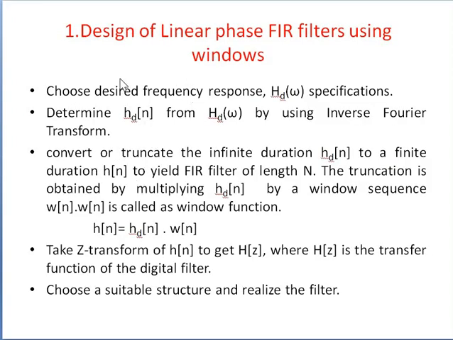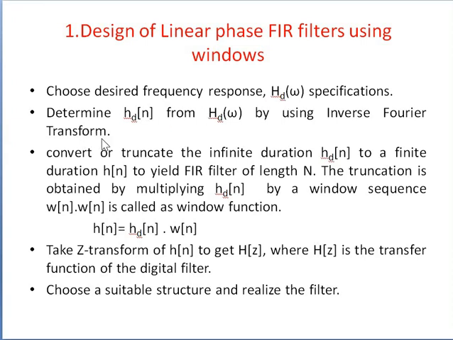So here are the design steps for a linear phase FIR filter using the window method. First step is choose the desired or ideal frequency response, that is HD of omega.